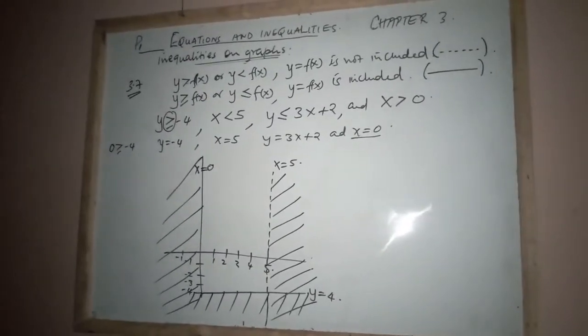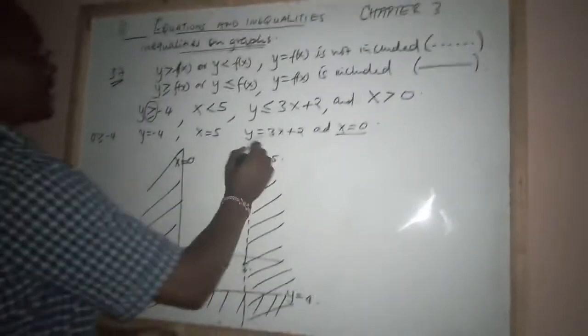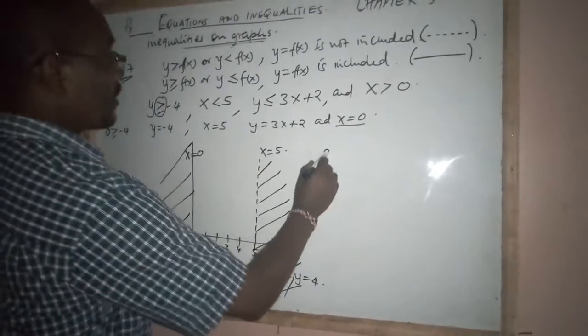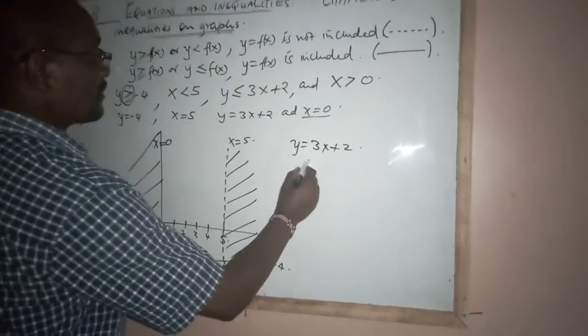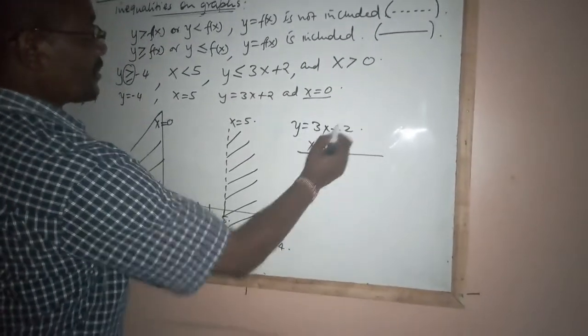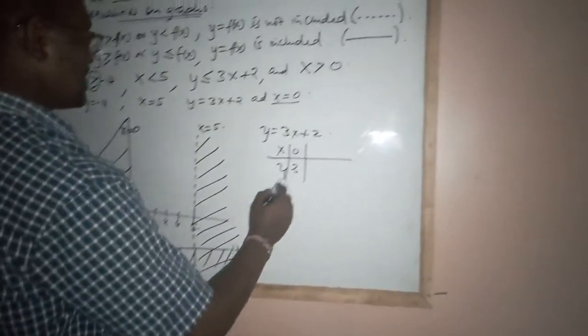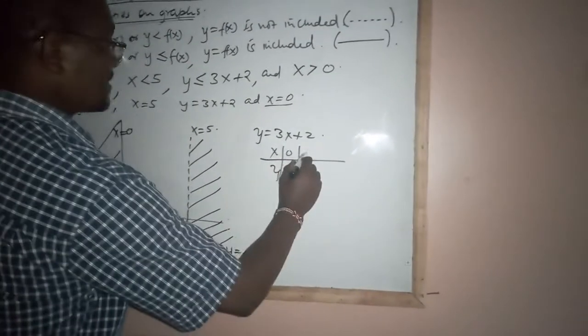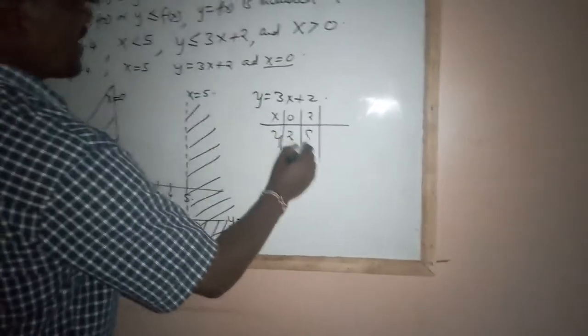At that particular point, we need now to evaluate what we can do with y is equal to 3x plus 2. And this one we just need to tabulate, make the values of x and y. When x is 0, y is obviously 2. When x is, let's say 2, y is 6 plus 2, which is 8.